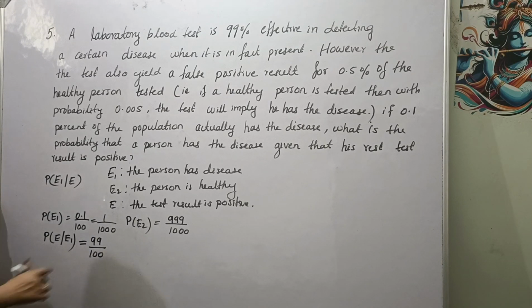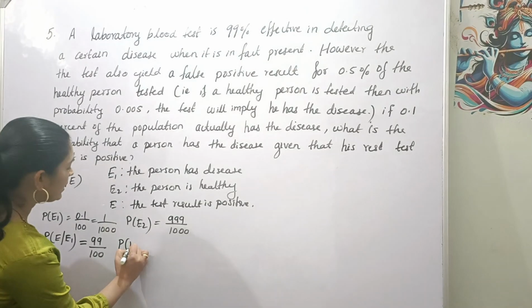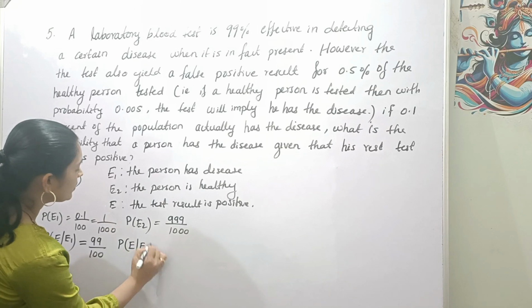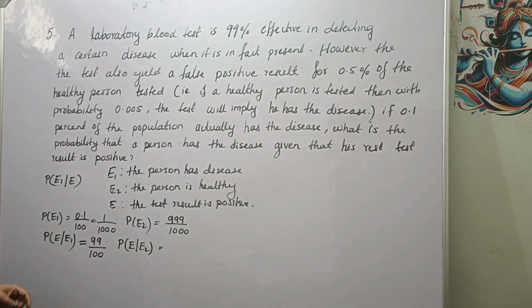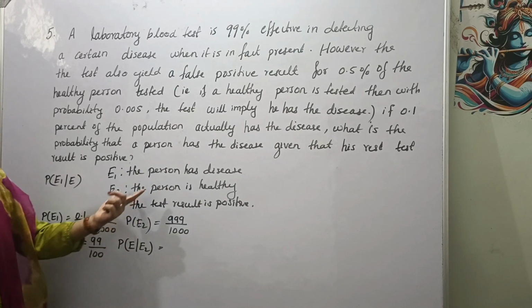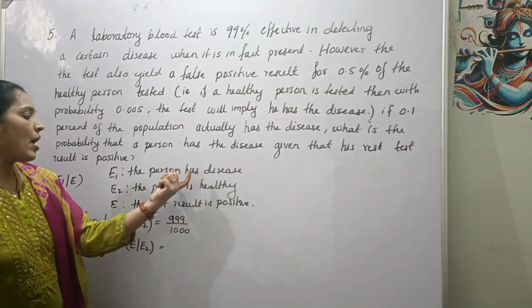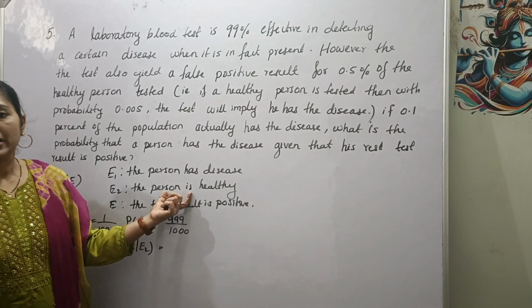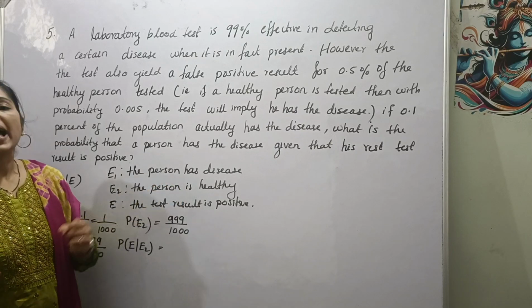Next, the probability of E given E2, that is, the probability that the test result is positive when the person is healthy. It is given that the person is healthy.